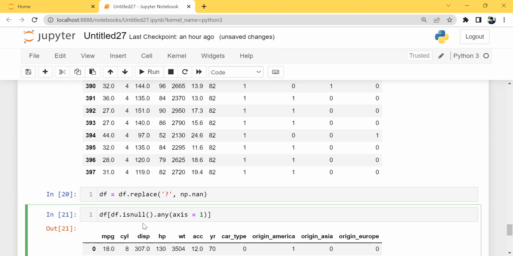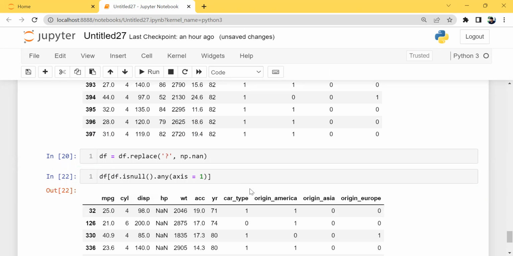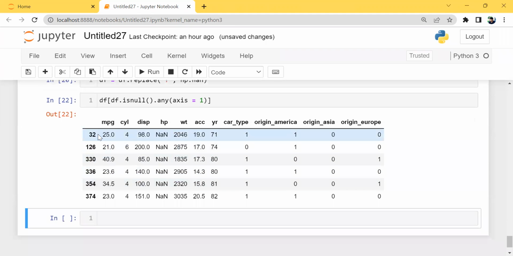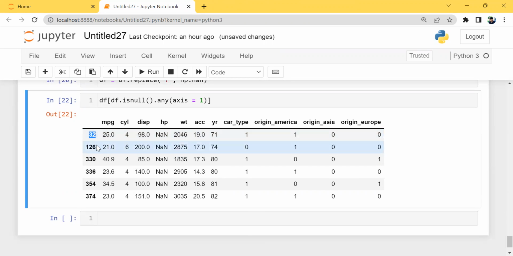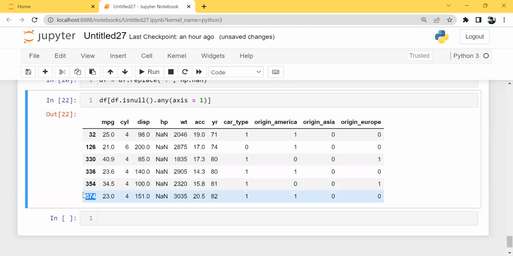You are actually checking whether you have any null values in your columns or not. See, I'm checking here. I have null values. Where am I having null values? At the row index numbers 32, 126, 330, 336, 354, 374.